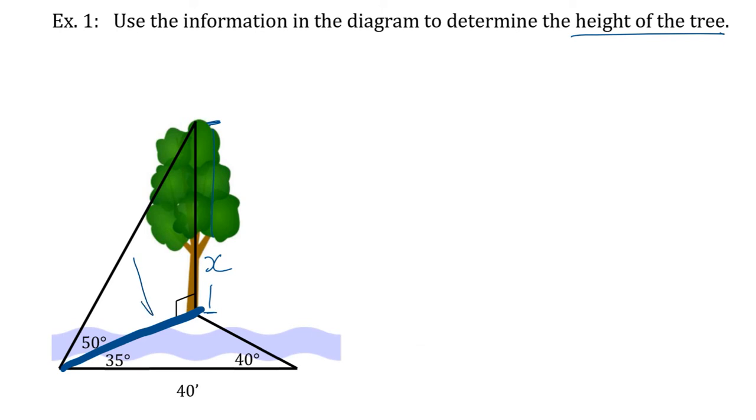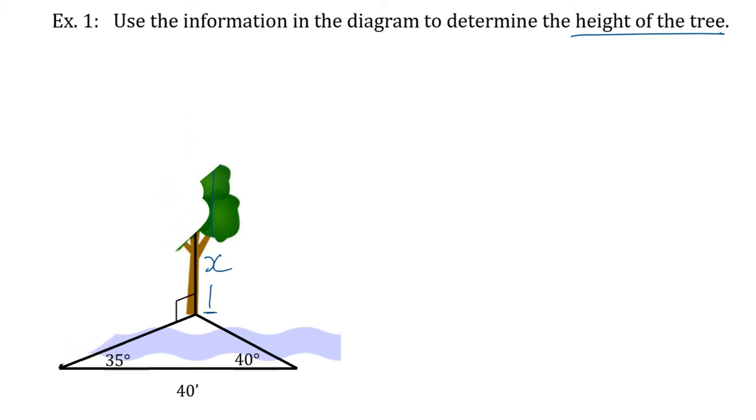That was one of the side lengths. If I found that, I would be able to find x. So now I'm starting to think that's what I want to find. And again, at that point, if I get that far, I could just visualize. I'm only erasing it to visualize. I could just visualize this bottom triangle and ask myself, can I find that side length and how do I do it?